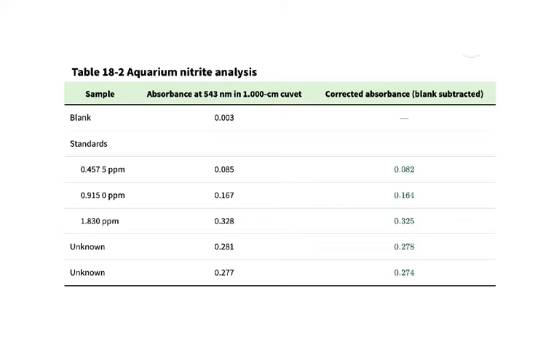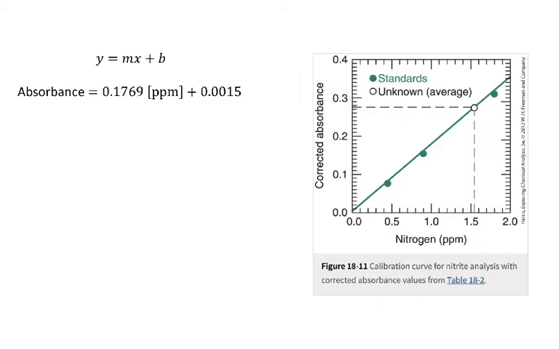So if we have three standards and we determine the exact absorbance there and then subtract away the blank, then we can use any three points to make a line, right? And absorbance is linear with respect to concentration, so it should be a line. y equals mx plus b is our equation for a line, right?